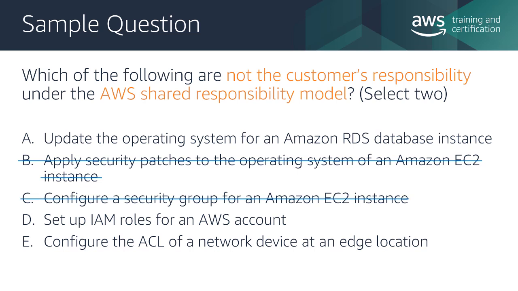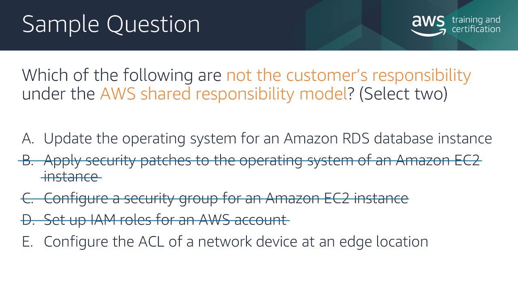Same with option C, configuring security groups for an EC2 instance. We need to eliminate one more option under A, D, and E. We're going to eliminate option D because setting up the IAM roles for an account, again, that's on the customer side. AWS does not set up the roles for those particular users and organizations.